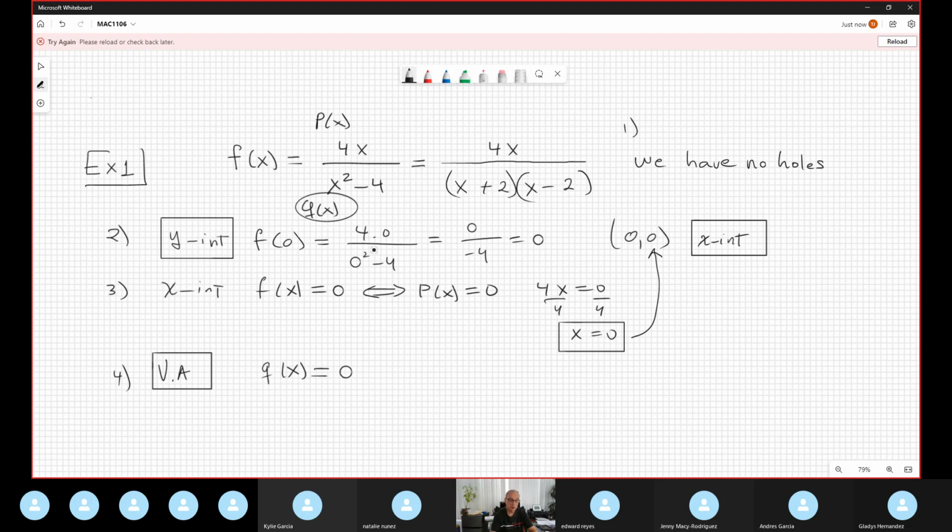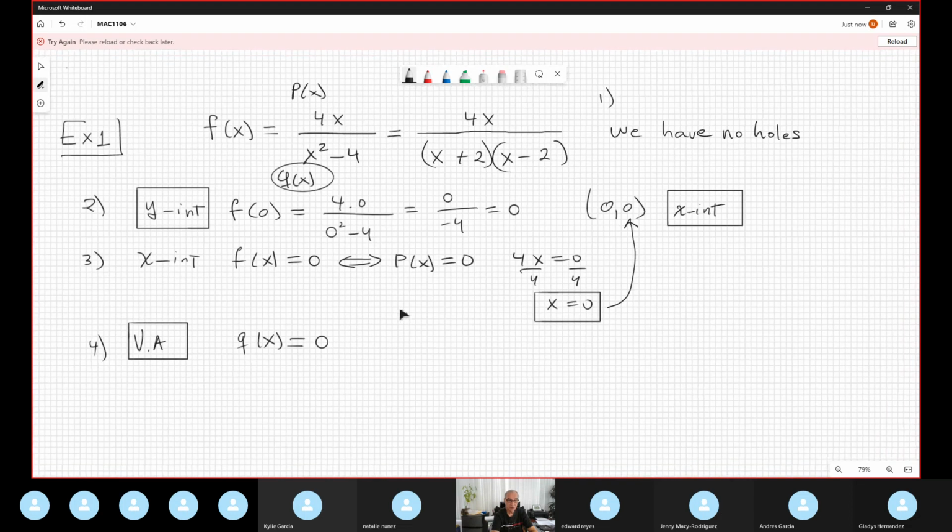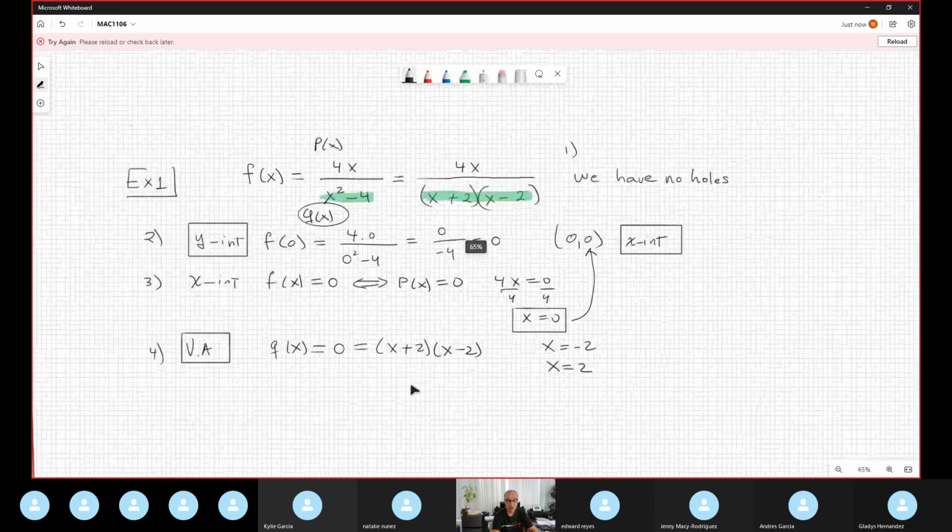You can take the original or the factored form; I prefer the factored form: x plus 2 times x minus 2. It is obvious that the solutions are negative 2 and positive 2.